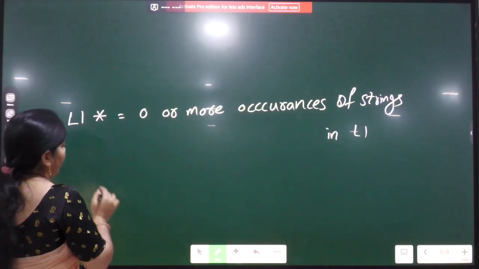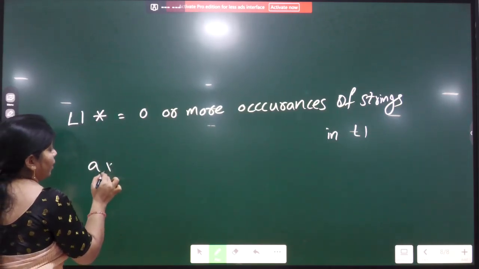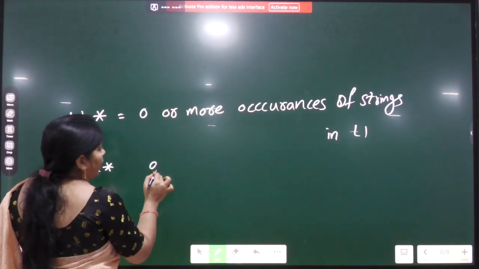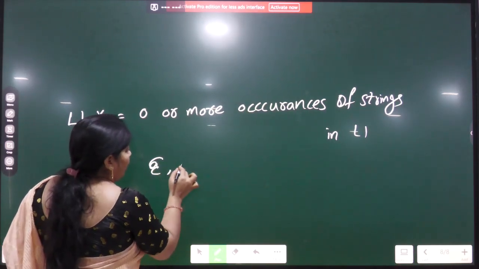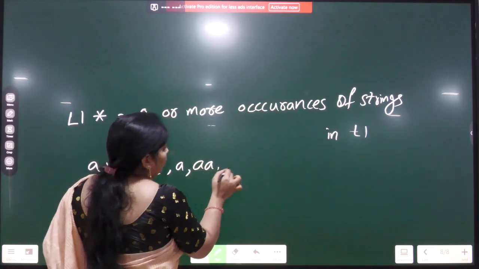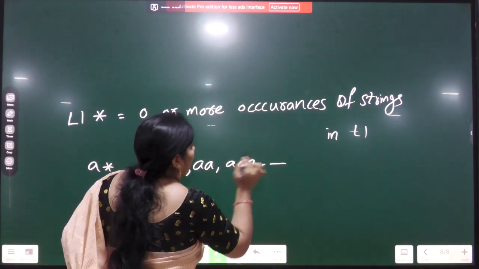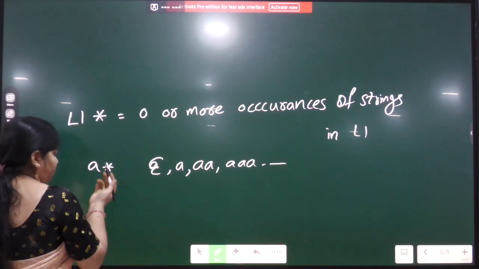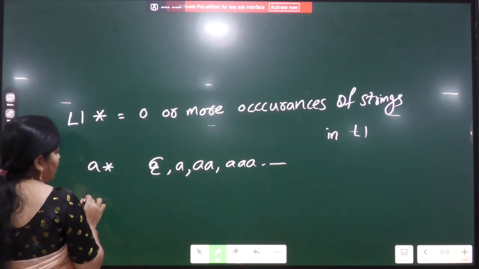For example, if A is a string in L1, A star means epsilon, A, and so on.